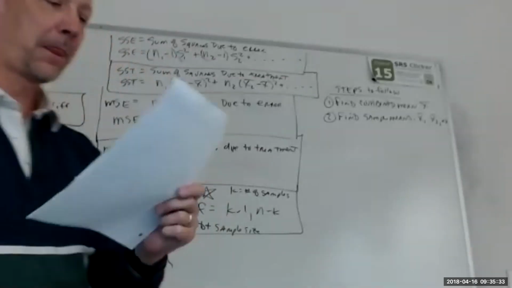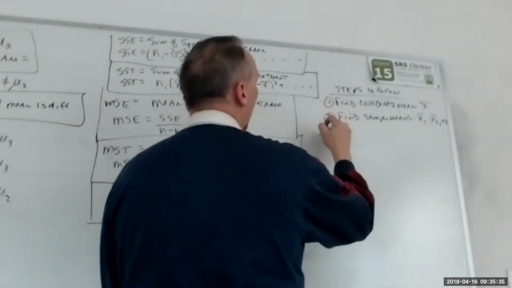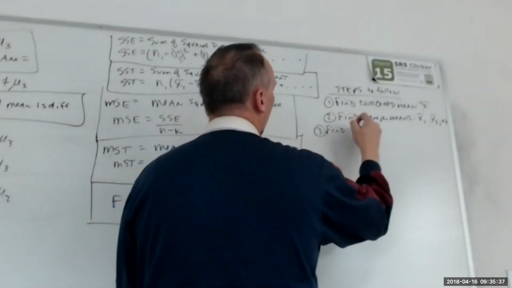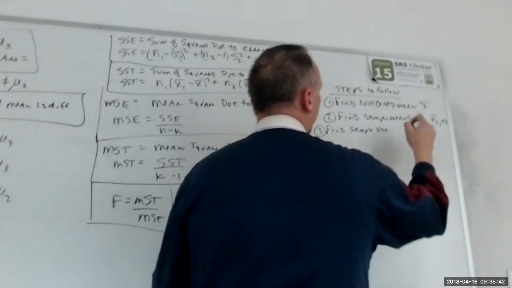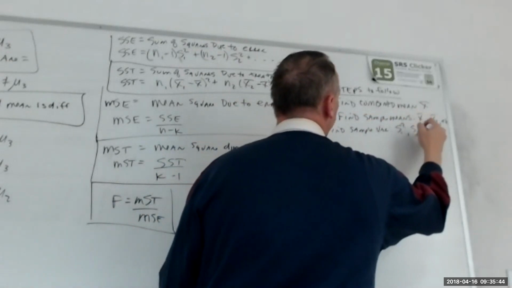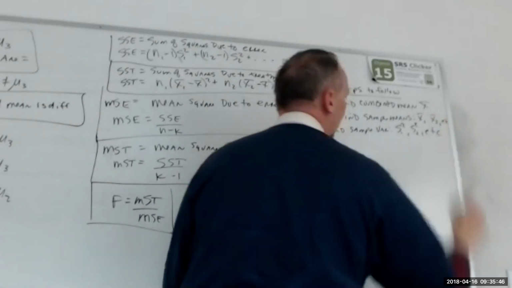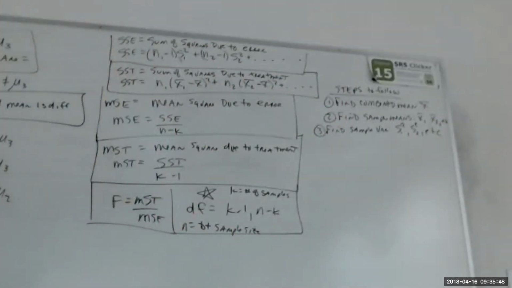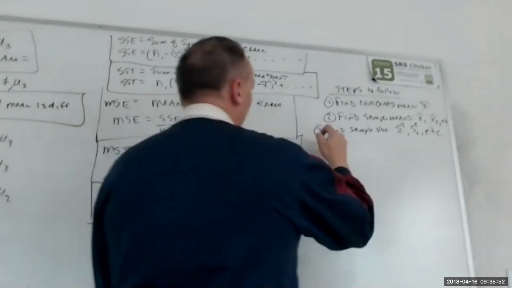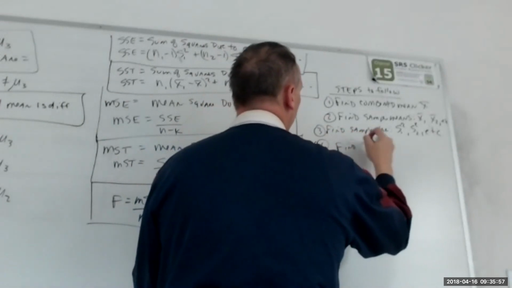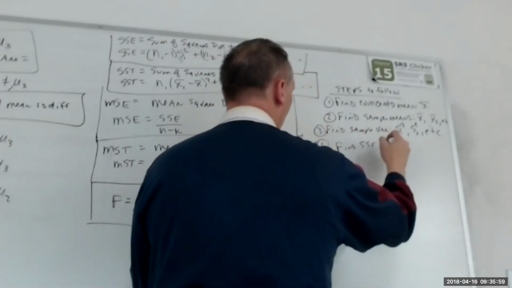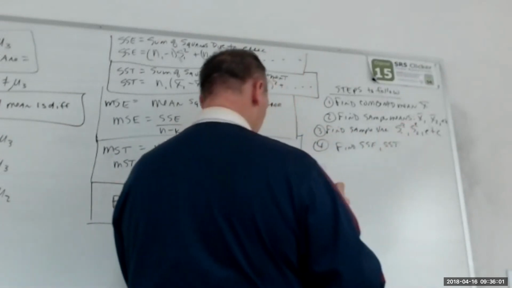Number three, we're going to find our sample variances, which is going to be your S1 squared, your S2 squared, etc., for as many means as you have. Step number four, find the SSEs and the SSTs.